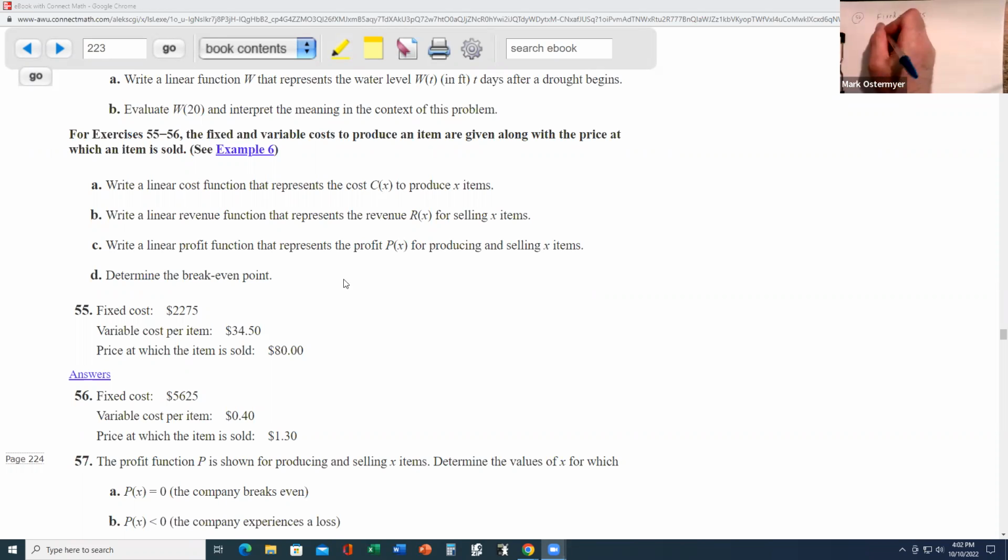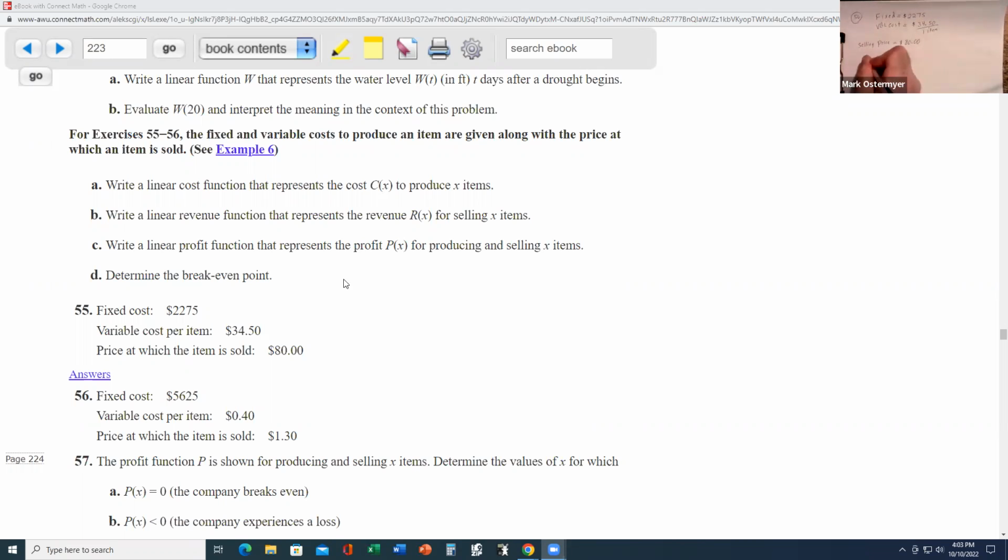The variable cost, the cost of manufacturing one item, is going to be $34.50. That's how much it costs to produce one item. The price at which we turn around and sell an item is going to be $80. This is called the selling price.